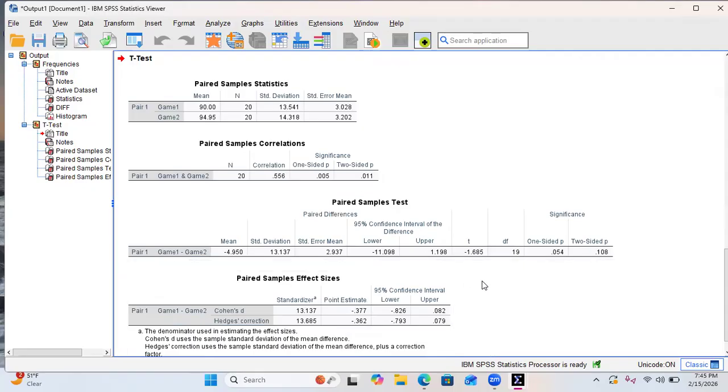In APA style, I would say that we would fail to reject the null hypothesis since our p-value is greater than 0.05. What that means is for the students, they had a mean of 90, then they had a mean of 95. So the implication could be, as a teacher or as a coach, sure, there's not a significant difference, but there is some improvement when given that 15-minute coaching session.